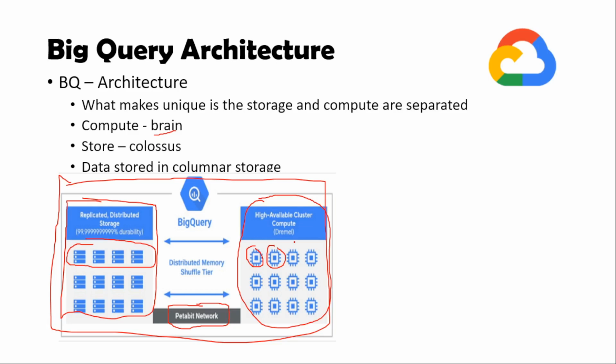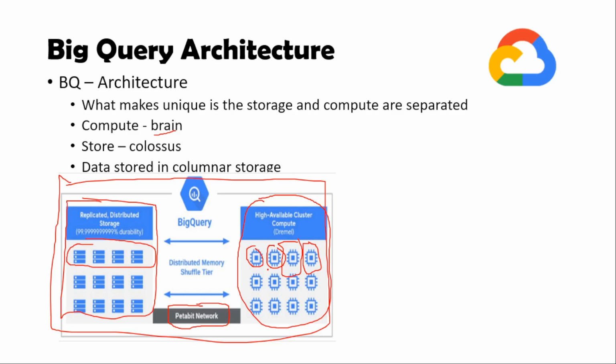You can call them slots, machines, or workers, anything you want, but try to understand the concept, that's very important. Here in the compute section, these are not fixed. The compute section has a pool of these worker nodes, and these worker nodes work in parallel to compute a job and give you the results.